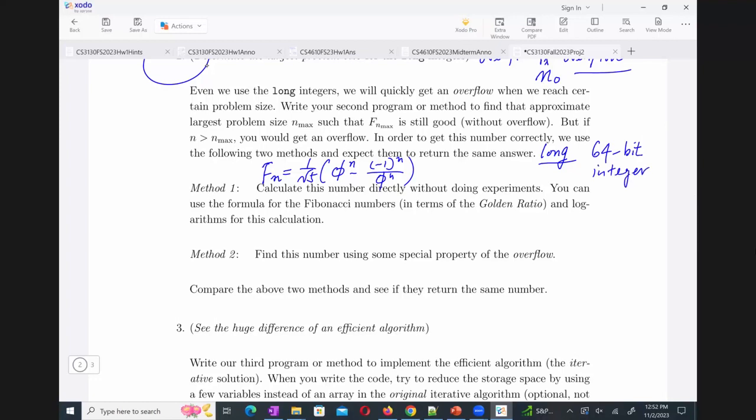Then there is a specific largest long integer number. You can calculate it, something like 2 to the 63rd, not 23rd.